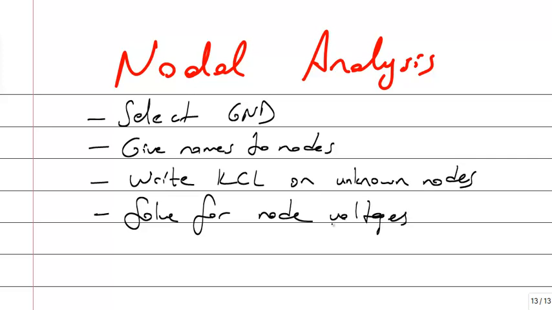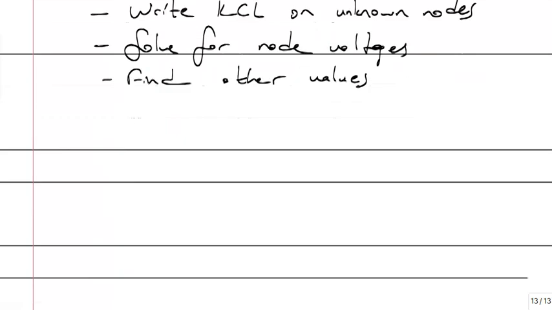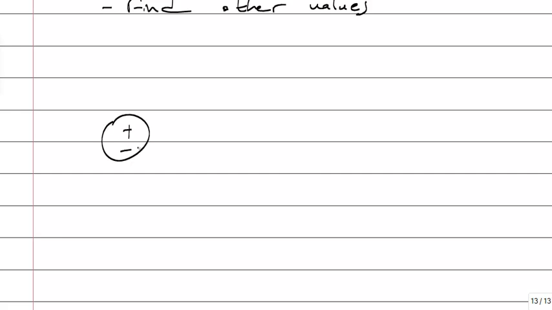In this step 4 you will find the node voltages, then you will find the other values. Okay, how? Let me analyze a circuit.